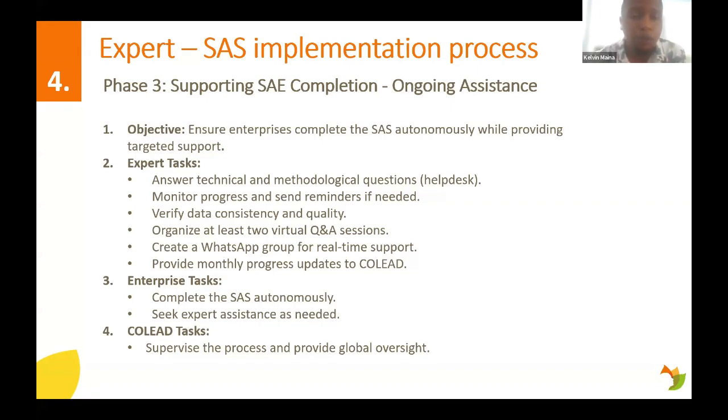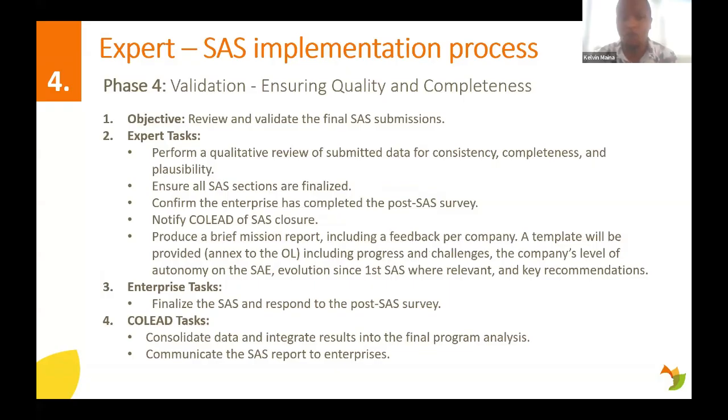You can create a WhatsApp group for real-time support, then provide monthly progress updates to COLID. The company task is to complete the SAS autonomously, then seek expert assistance as needed. The COLID task is to supervise the process and provide global oversight. We also have an overview of the SAS progression on the platform, so we can assist you and unblock any challenges you as experts might be having.